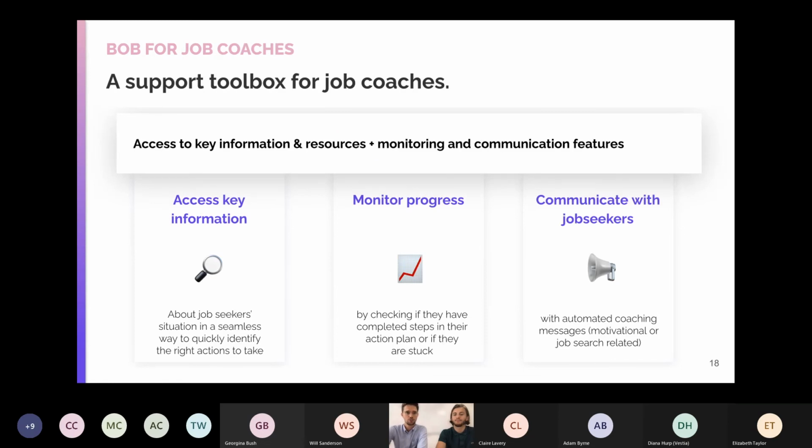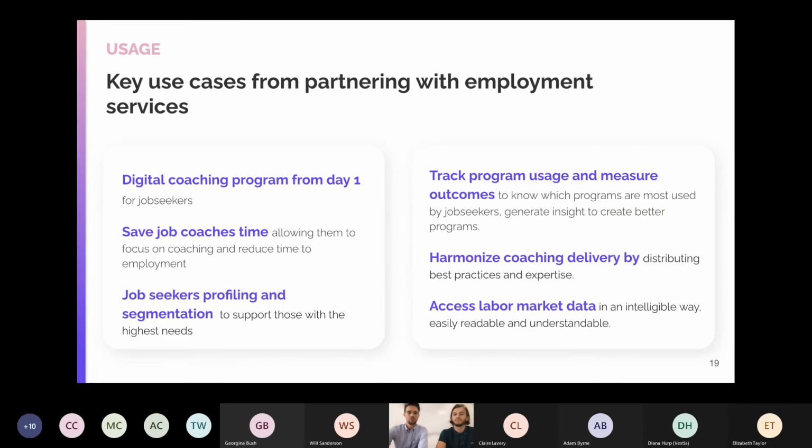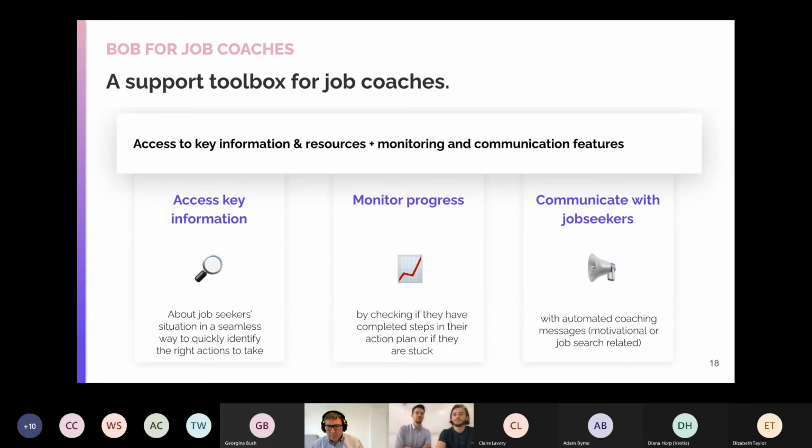For job coaches, it's a technology that can be used as what we call a support toolbox to support job coaches in their work.